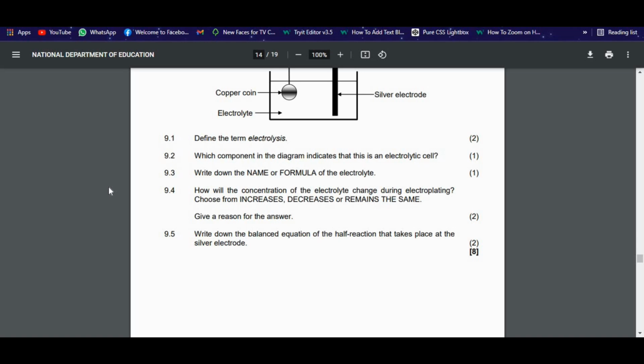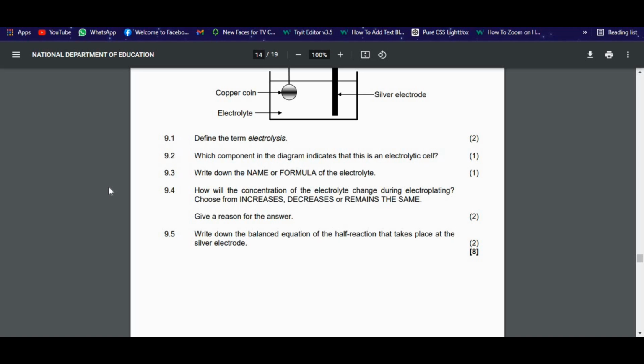Okay. We already have a silver electrode in our electrolytic cell. We already have silver in our solution, in our electrolyte. So basically what's happening is that we're going to coat the copper coin with the silver.